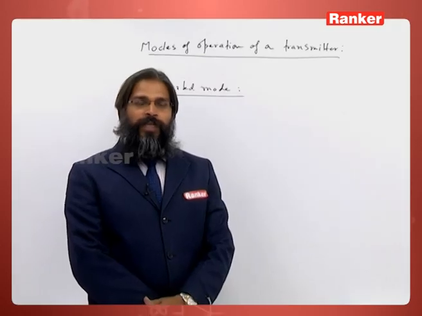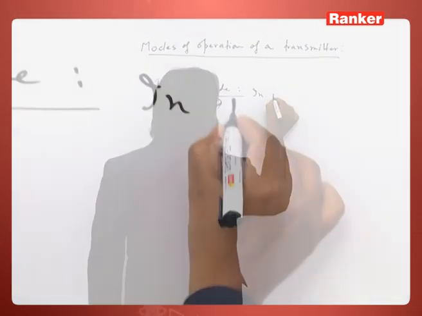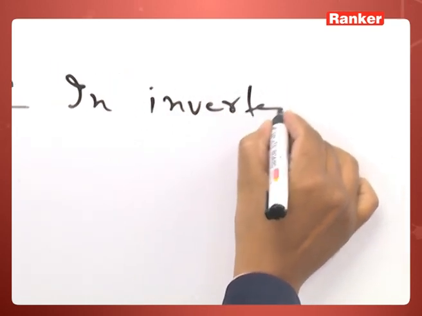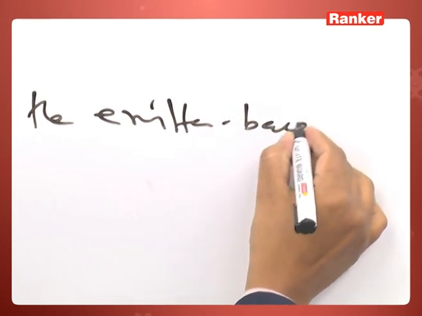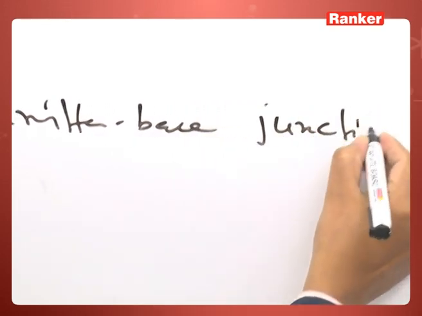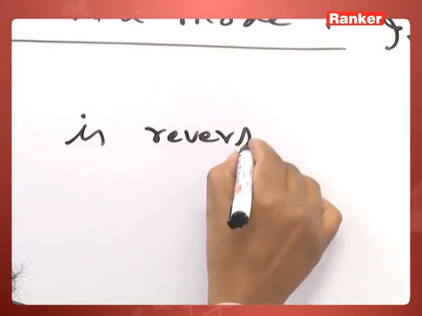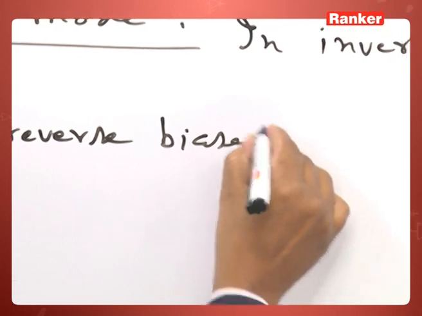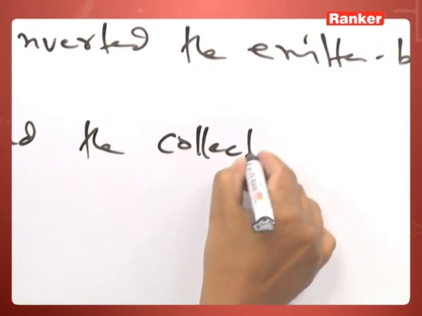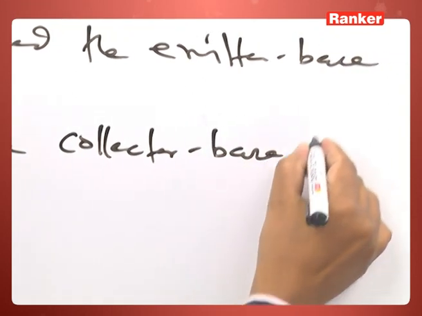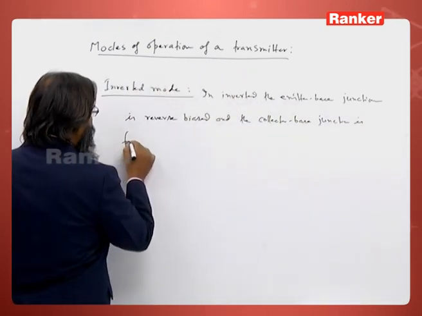So, now the fourth mode, that is the inverted mode. In inverted mode, the emitter base junction is reverse biased and the collector base junction is forward biased.